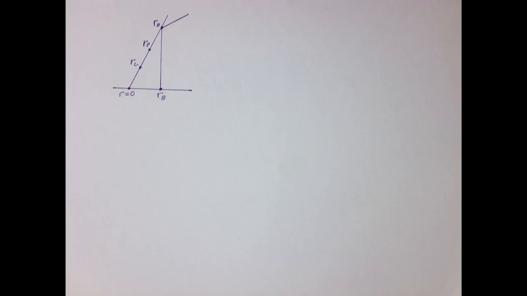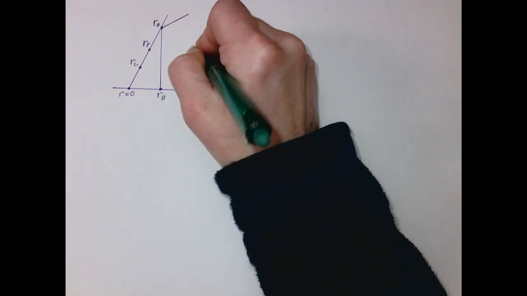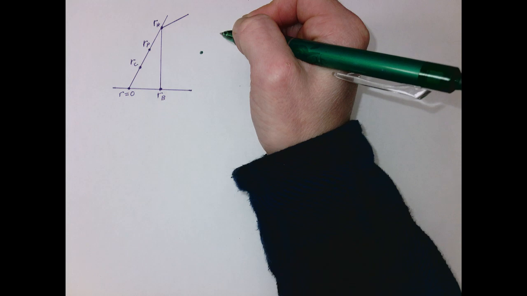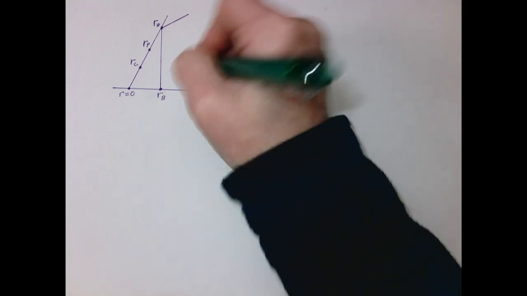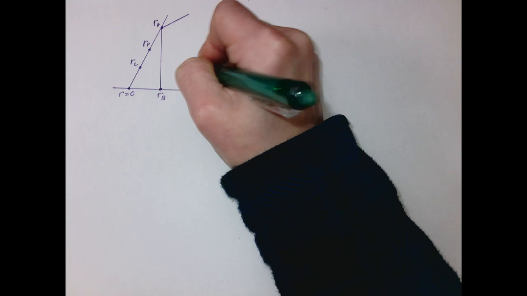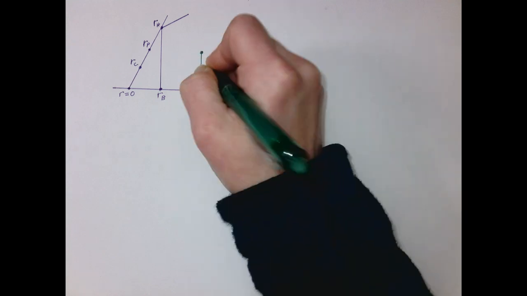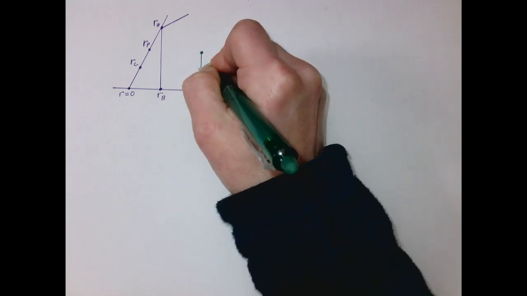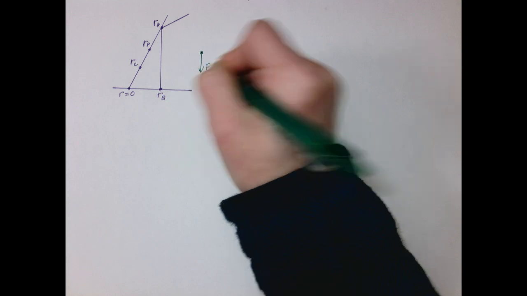Next, let's try drawing a free body diagram for this ladder. Here is a point that represents the center of mass of the ladder. We know that there is a weight force, the force due to gravity, which always acts downward if we're on the surface of the Earth.